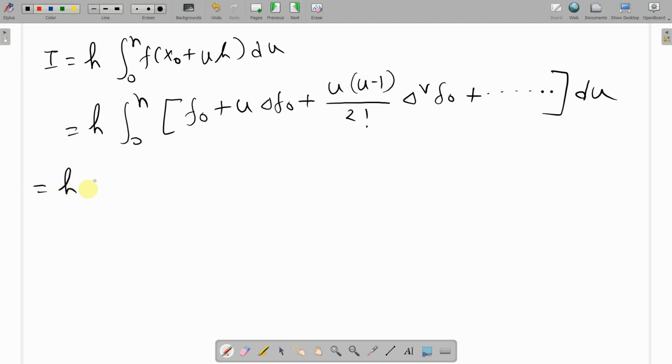If I simplify this, then I will get h multiplied with the integral of this one, first one. Integrate this term, what will happen? If f0 is, let's say, constant, then what will be the result?